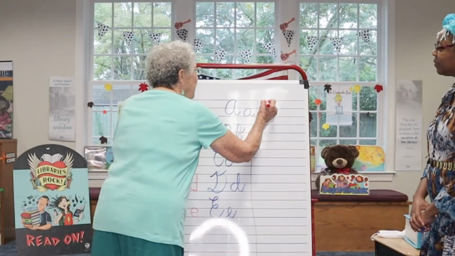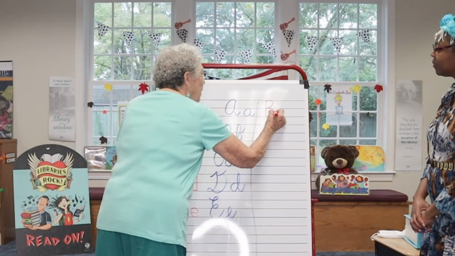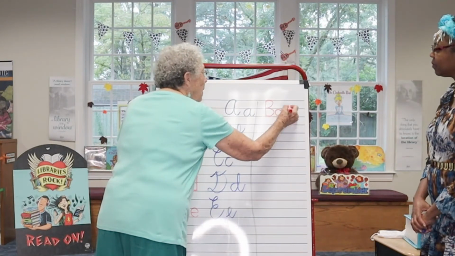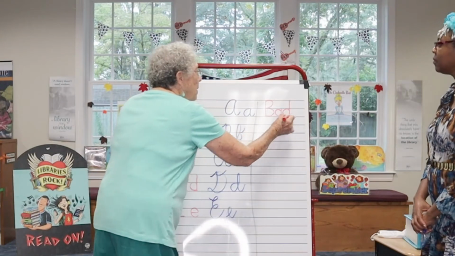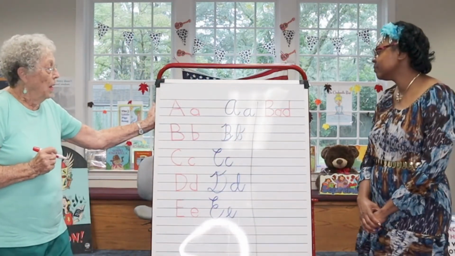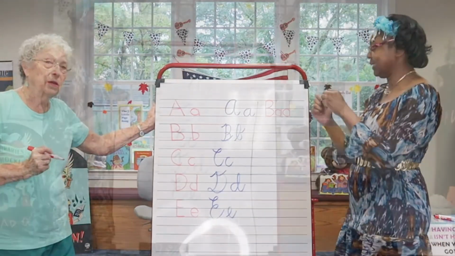So we have B-A-D. Now you notice that even though we have three letters, they're not connected. Miss Sheila is going to write that in cursive.